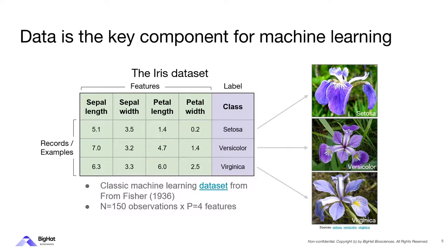The columns of the data set can be divided into the input features in green and the output label or class in purple. The data set has on the y-axis records, or examples as they're often called in machine learning. In this case, I've shown 3 representative examples from a total of 150 rows in the full data set.